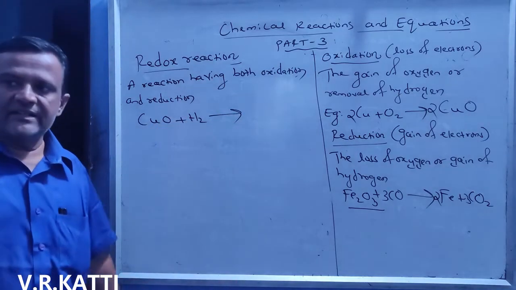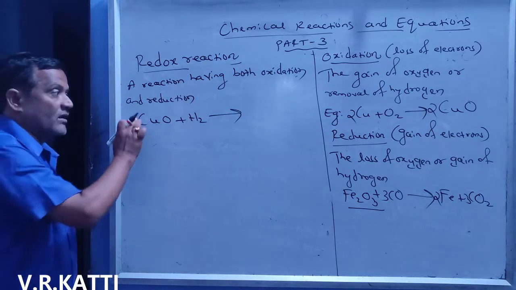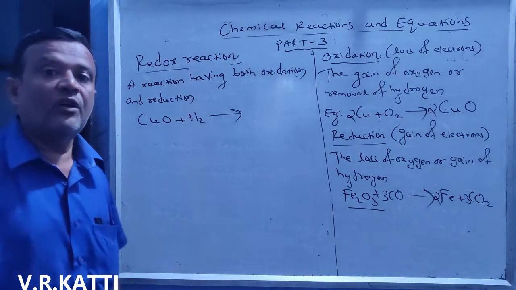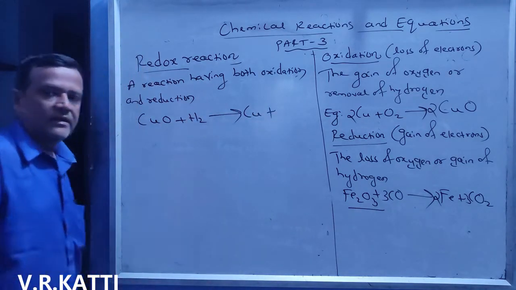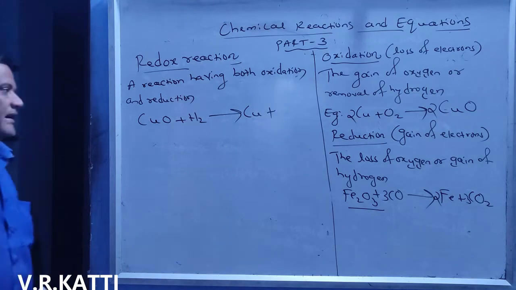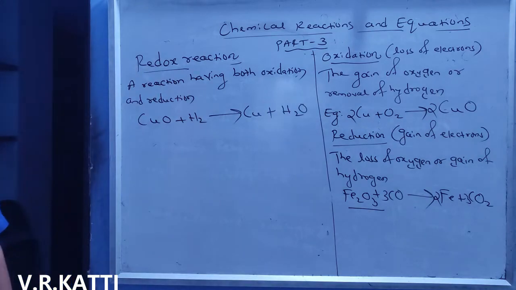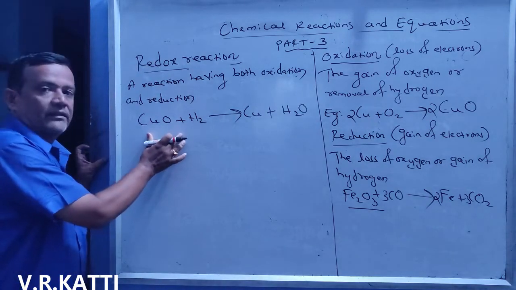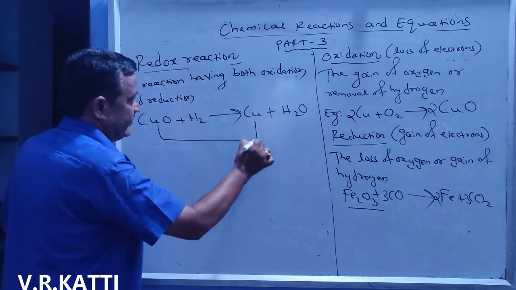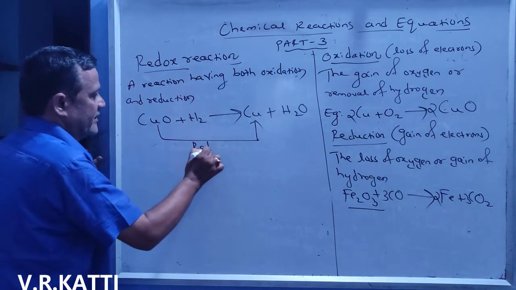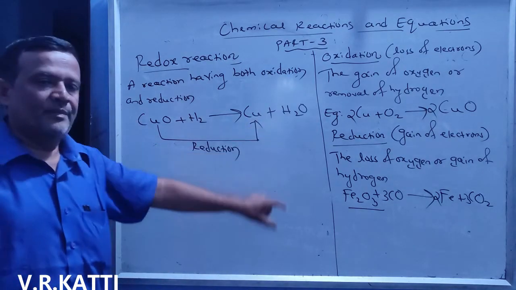If hydrogen gas is passed over copper oxide, this copper oxide reduces to copper, and it forms H2O. See, students, in this reaction, copper oxide reduces to copper. So this is the reduction.